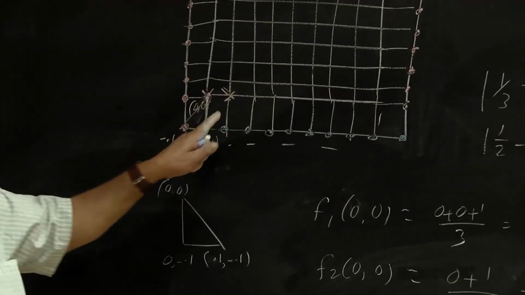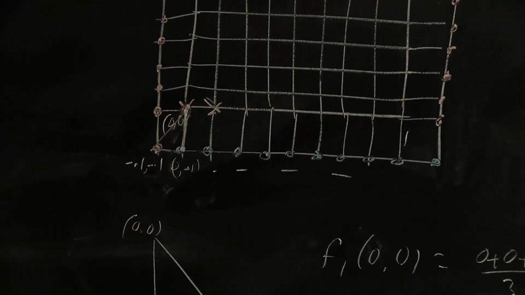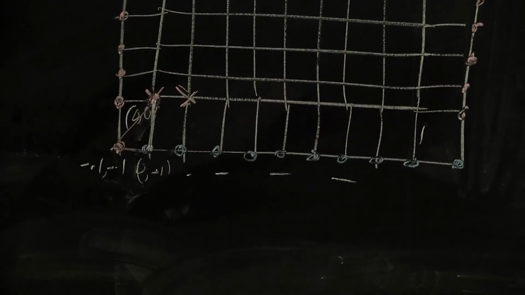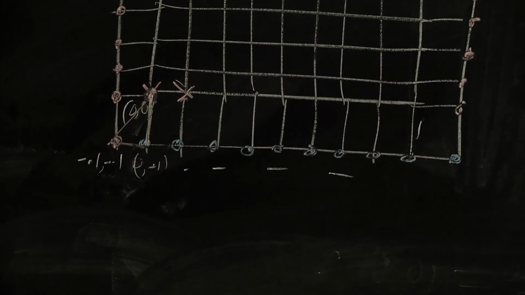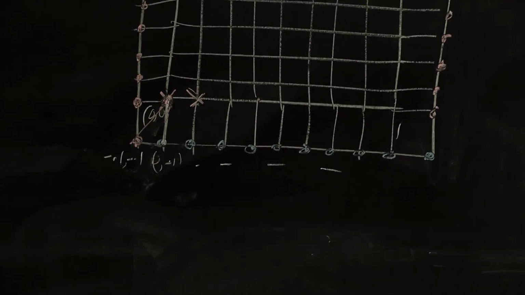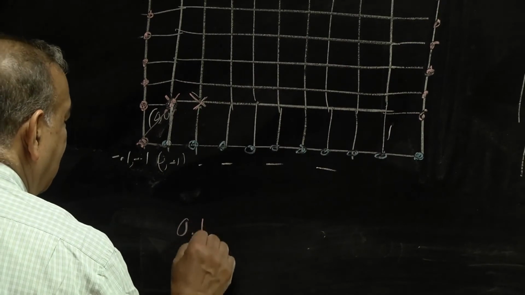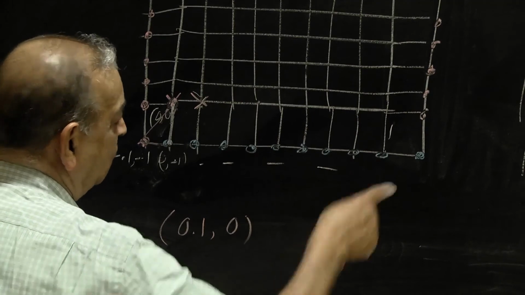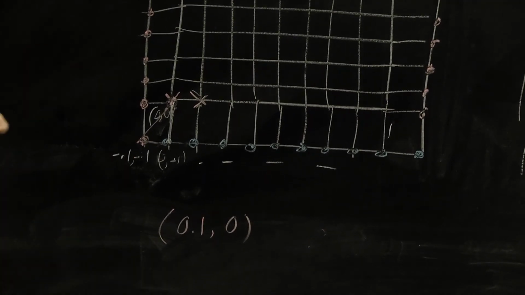Okay. So what are the coordinates of this point? Only one of you say. Please raise your hand and I will choose the person. Okay, tell me. 0.1, 0. Okay, now I evaluate the value of the function at this point. Okay, so let us evaluate that.